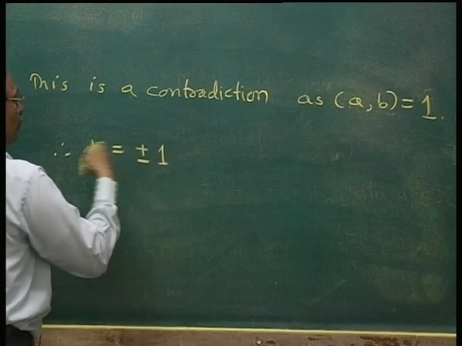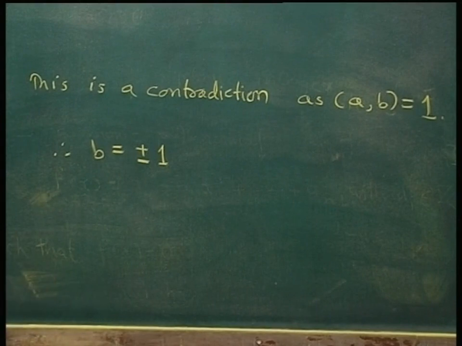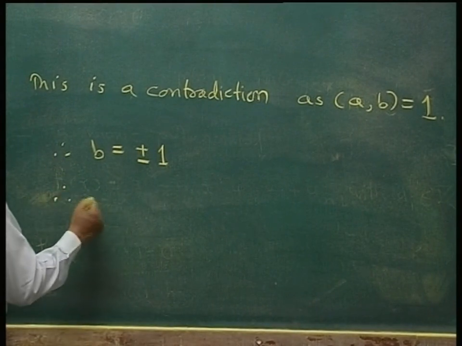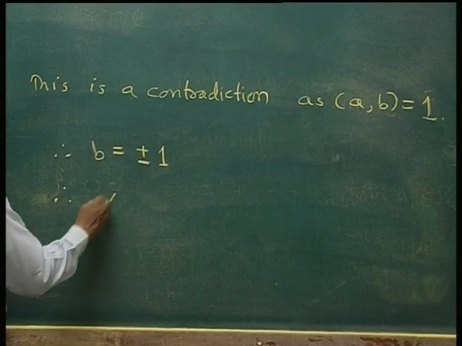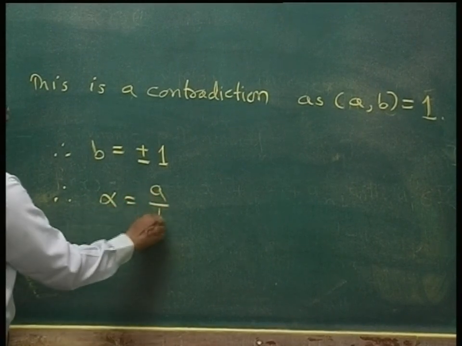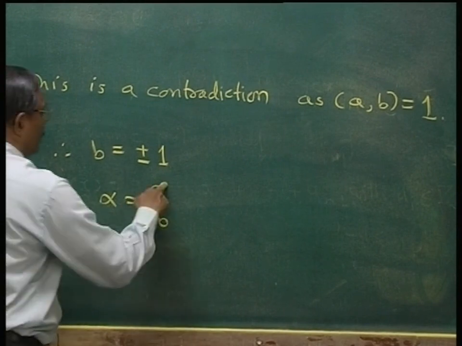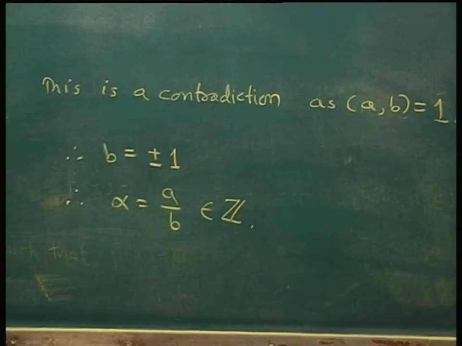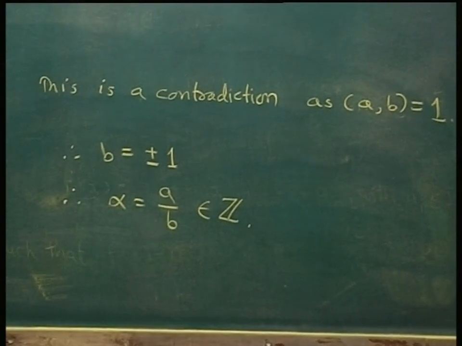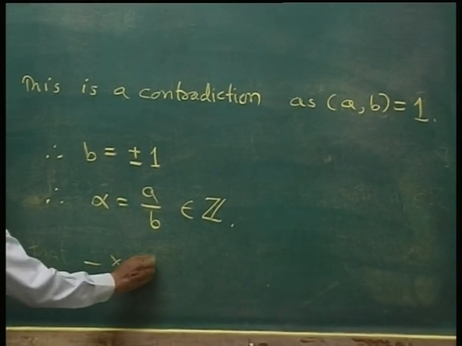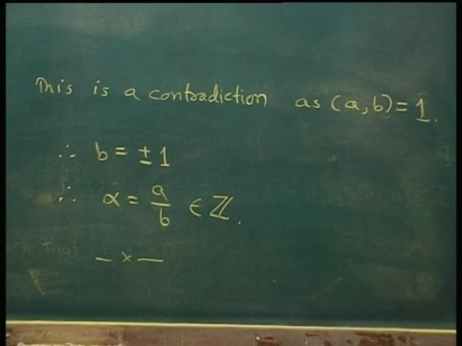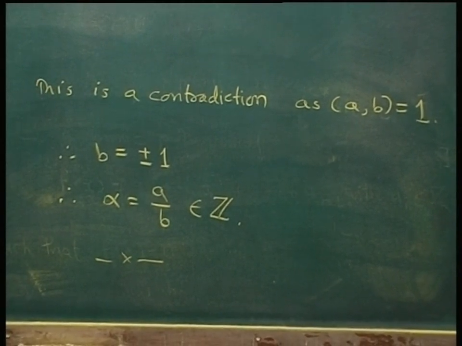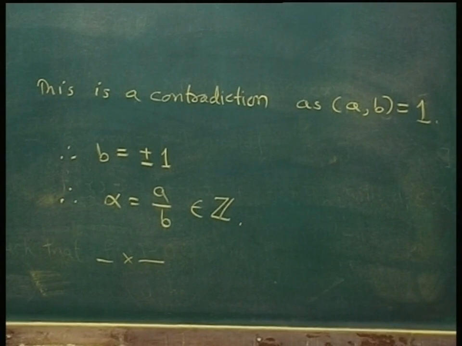If you assume it to be positive, then it is plus 1. And therefore alpha equal to a upon b has to be in Z, and that shows that if an algebraic integer is in Q, it's a rational number, then it must be an integer.